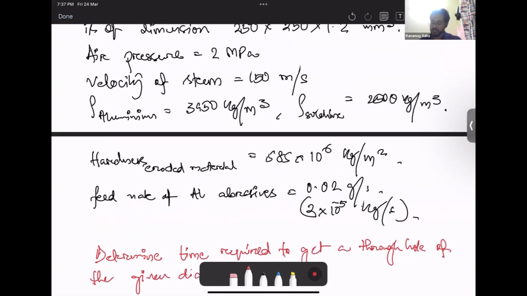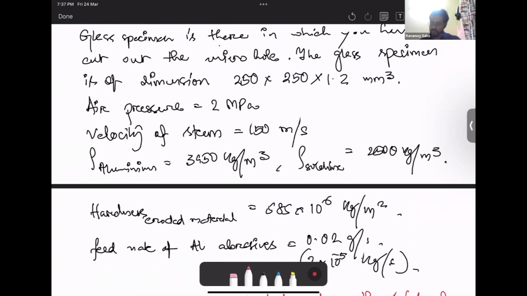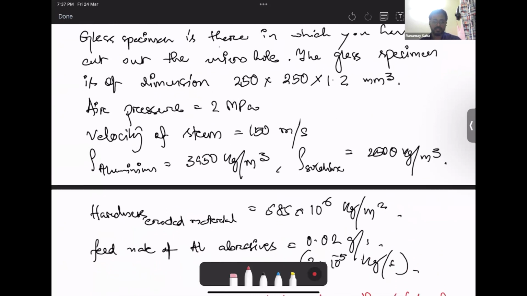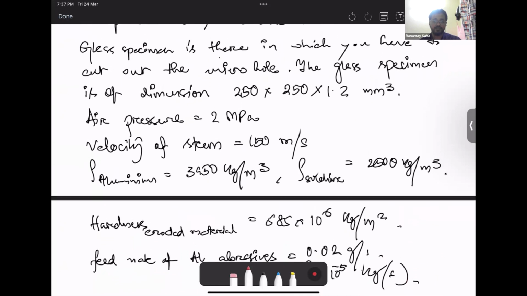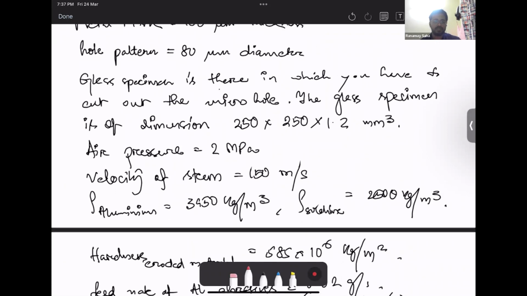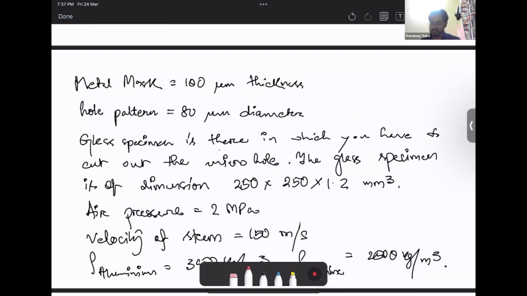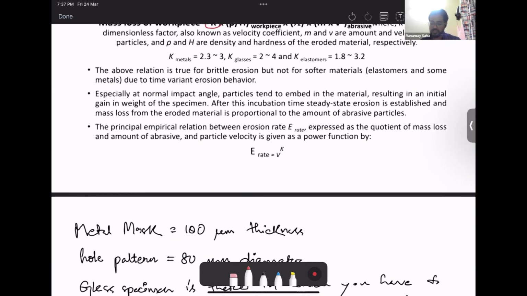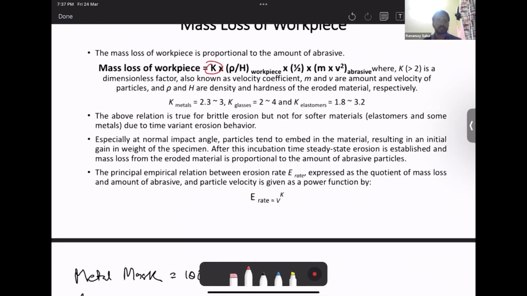So give it a try and then we'll discuss in detail about the solution, right? So these are your data, and then you can take help of the mass loss equation, the formula to determine mass loss, which has been shown to you right now. Okay, you can take a note of this formula and then get the required result.